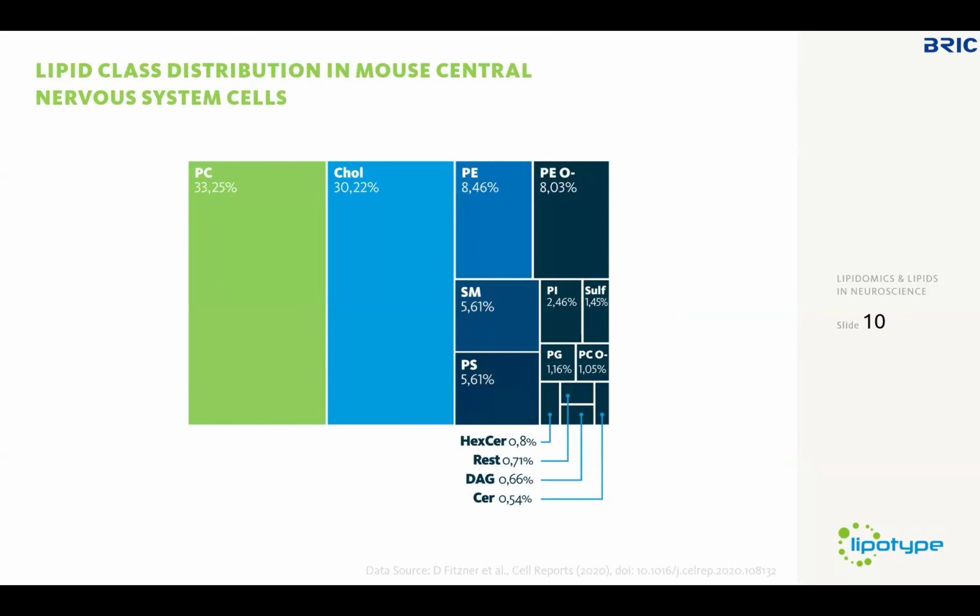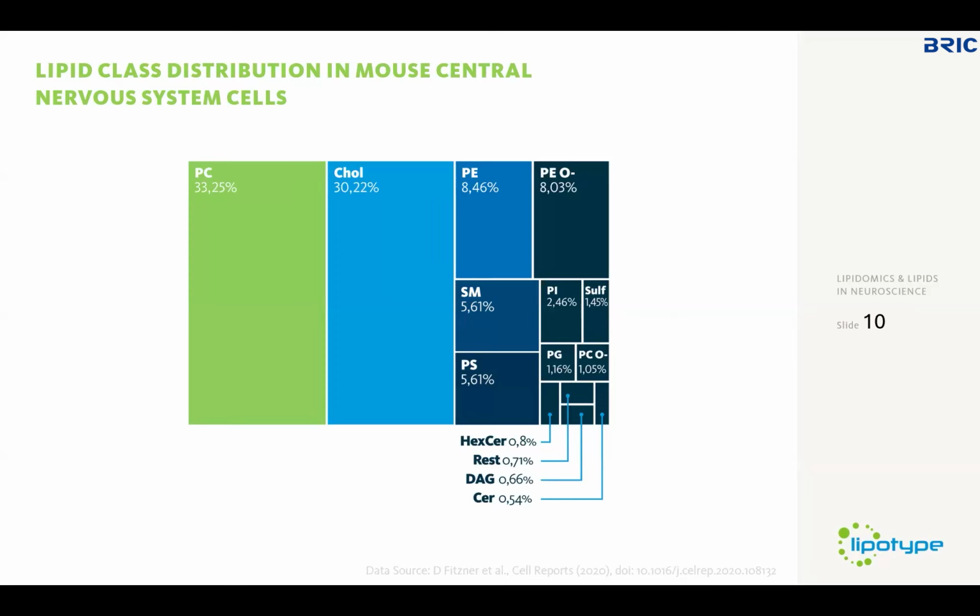Now, together with the DZNE, we aimed to generate a cell-type-resolved lipidomic profile of the mouse brain in order to acquire the basic, fundamental data set for further neurobiological research. Researchers applied lipidomics analysis to differentiate the lipid compositions of neurons and of different glia cell types, including the already mentioned astrocytes, oligodendrocytes, and microglia.